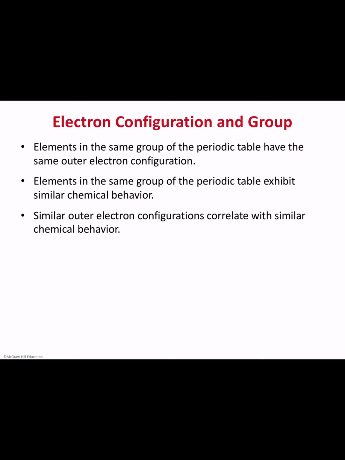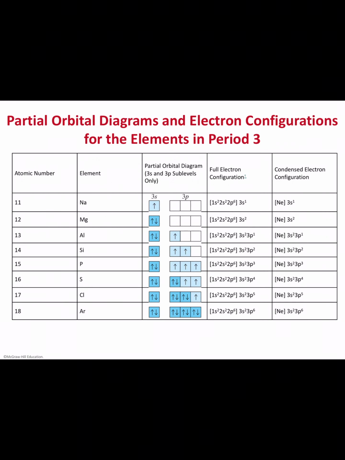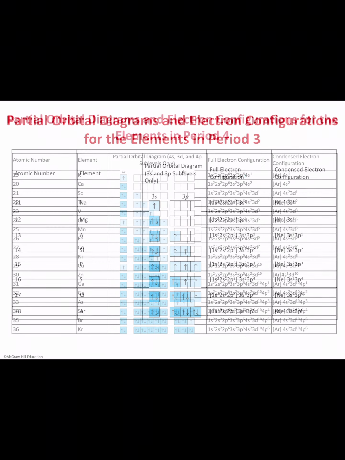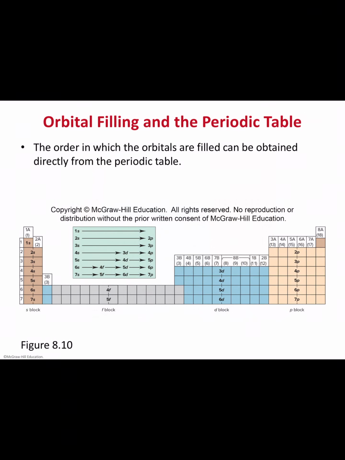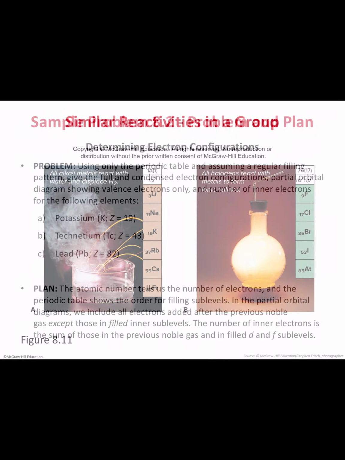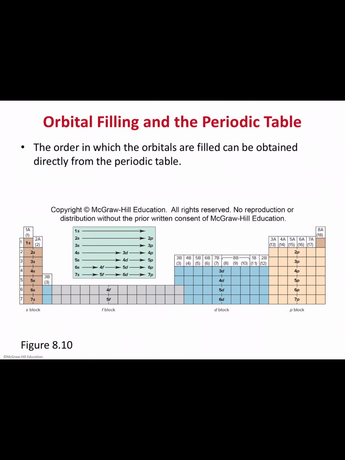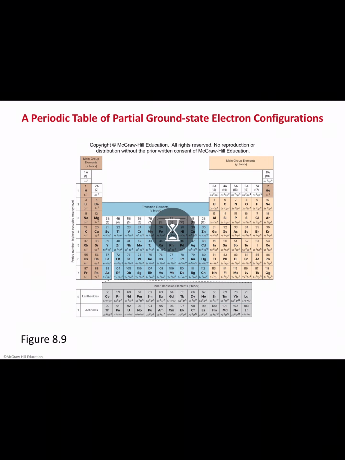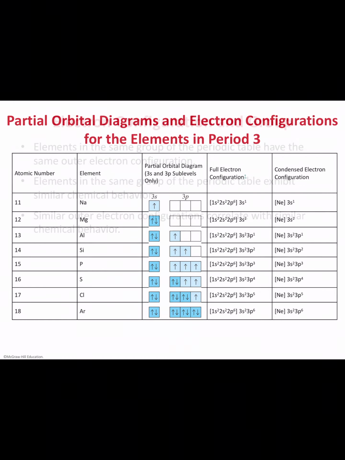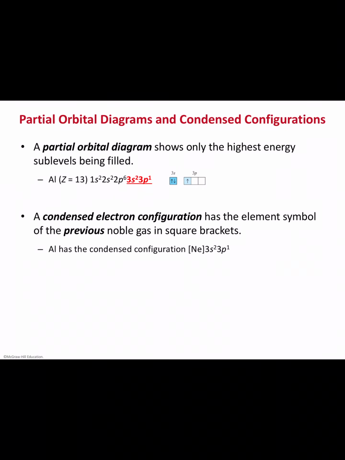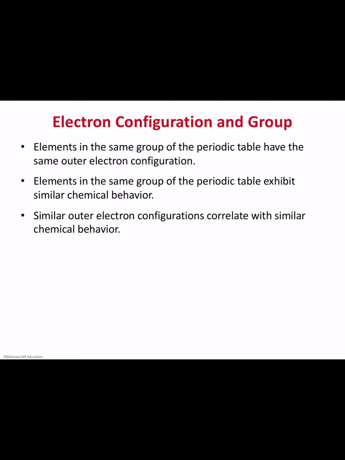Electron configuration and group. Elements in the same group of the periodic table have the same outer electron configuration.